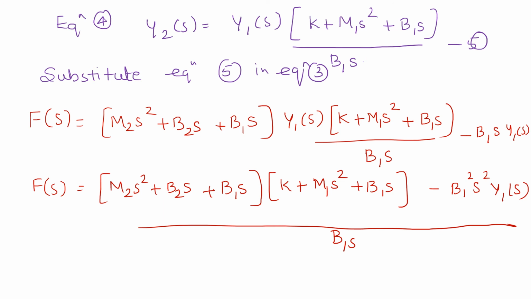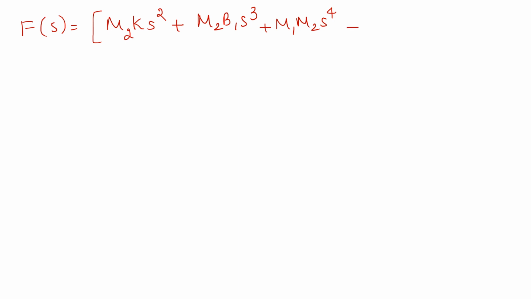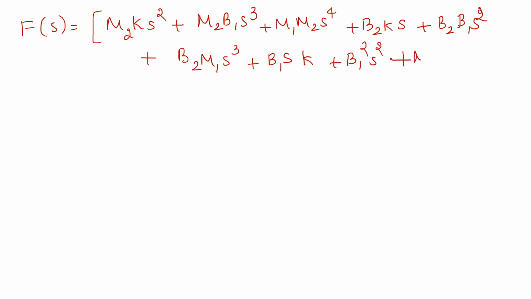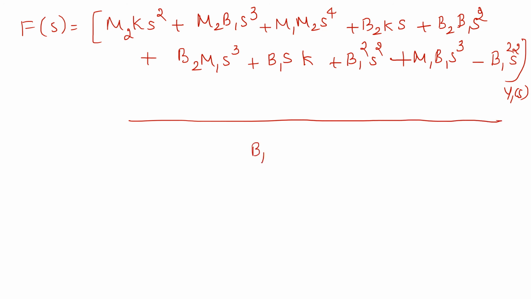Now what can we do? Next you simplify this. If we simplify, we get F(s) is equal to m2 k s square plus m2 b1 s cube plus m1 m2 s to the power 4 plus b2 k s plus b2 b1 s square plus b2 m1 s cube plus b1 s k plus b1 square s square plus m1 b1 s cube minus the term which was already there, b1 square s square, this into Y1(s) divided by b1 into s.